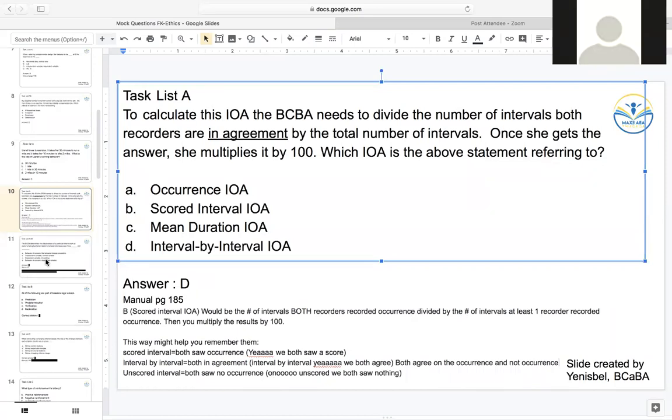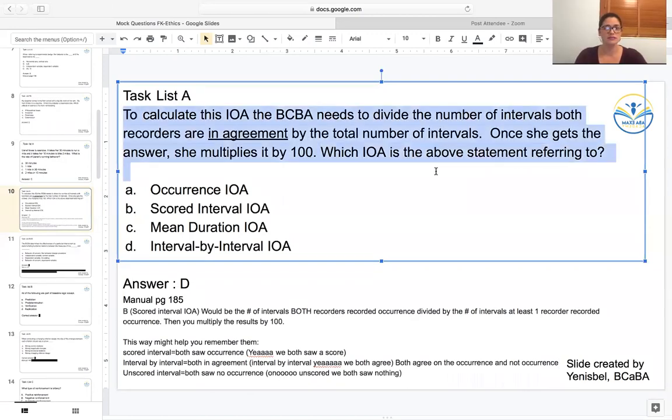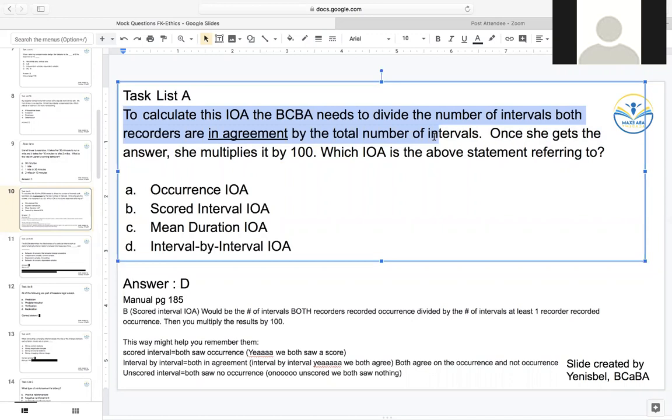I was going to say, I think there's also a second part to that, because between the scored or unscored and the interval by interval, with interval by interval, don't you divide by the total number of intervals? I'm sure this one right here is the full definition. Let me see. So, by the total number of intervals.